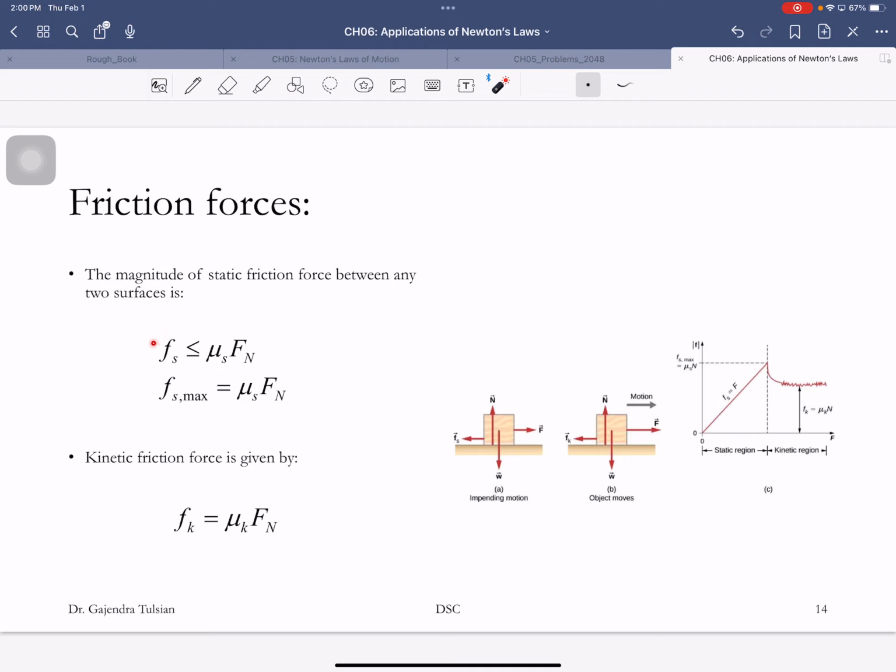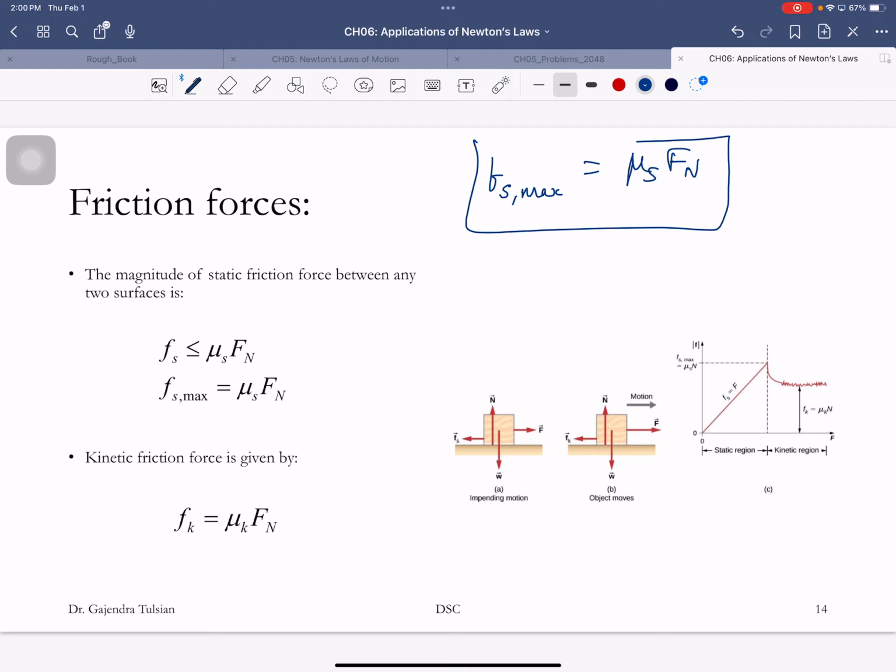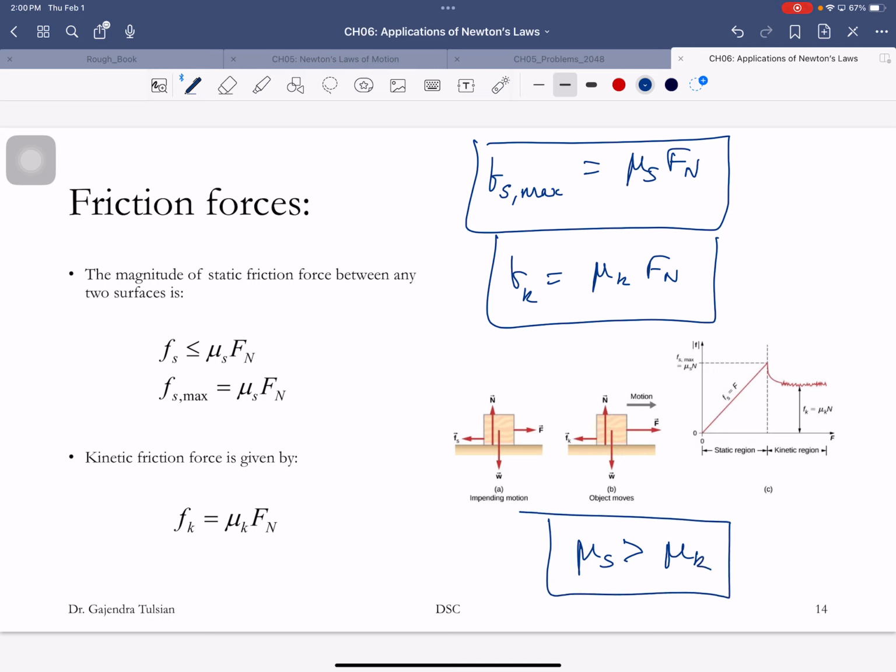So the maximum value of the static friction force is mu s times Fn. So Fs maximum is mu s times the normal force, and the kinetic friction force is always mu k times Fn. Since the maximum static friction force is always greater than that, the static coefficient of friction is always greater than the kinetic coefficient of friction.